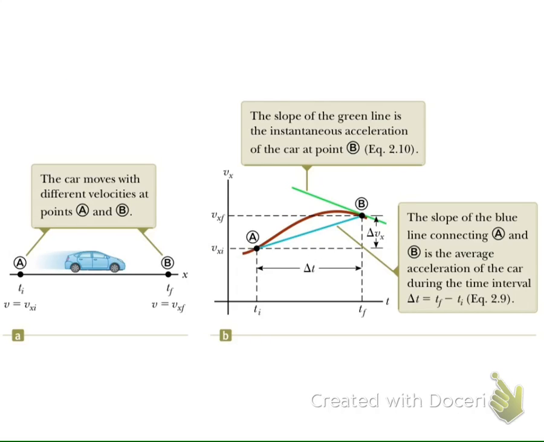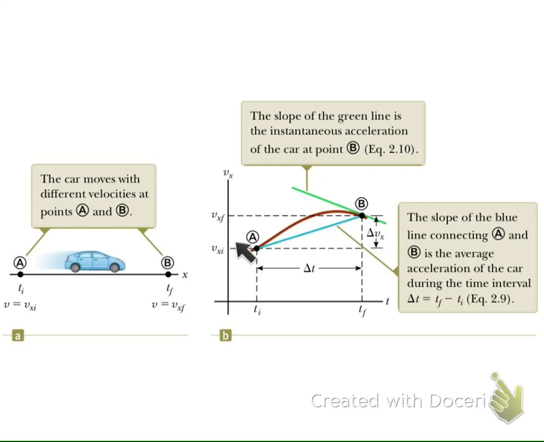We can represent the acceleration graphically also, as in the case of the velocity. In this figure, the graph on the right represents the velocity of the car moving from point A to point B. If the car moves with acceleration, the velocity changes in time as you can see in this graph.